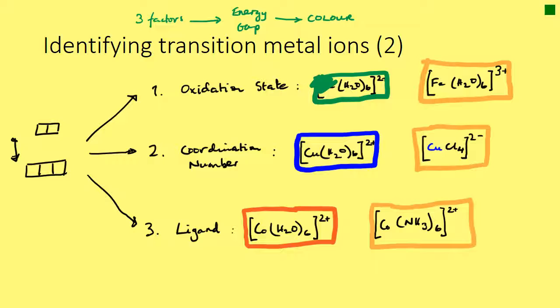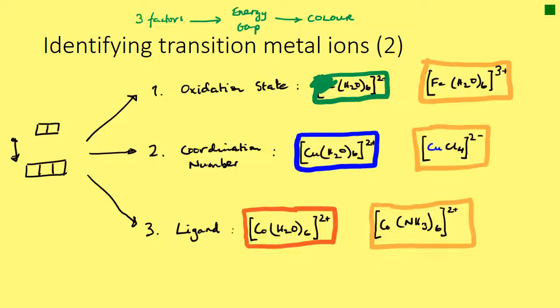First of all, let's draw out our 3d orbitals with our energy gap. Okay, so this is our energy gap between the 3d orbitals that we're talking about, and what we want to discuss is these three factors that affect the size of this energy gap and hence the colour.